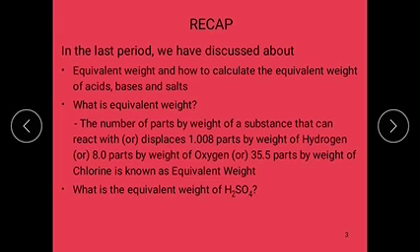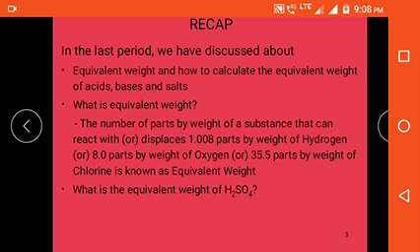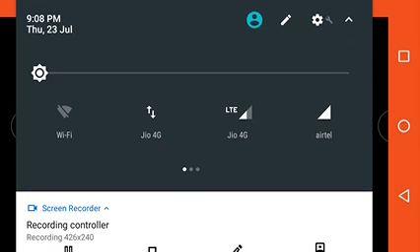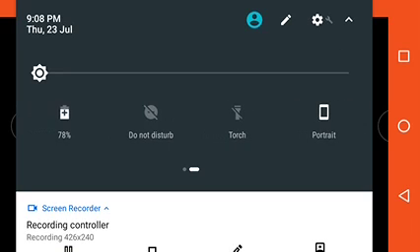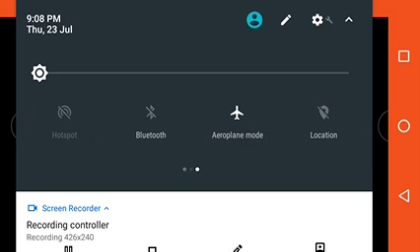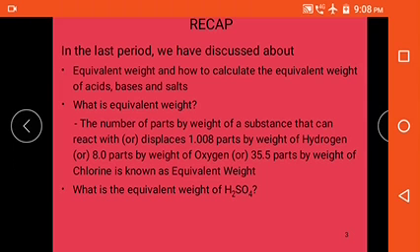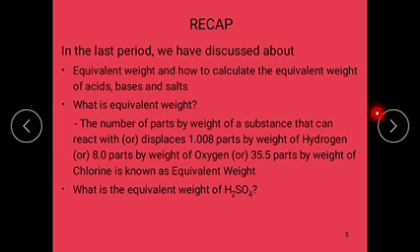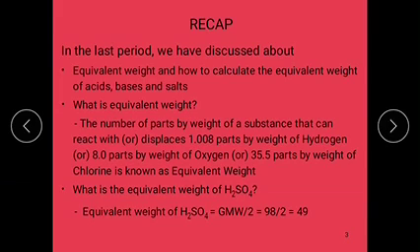Next, take one example: what is the equivalent weight of H2SO4? Already we discussed this. The equivalent weight of H2SO4 is equal to the gram molecular weight of H2SO4 divided by its basicity.